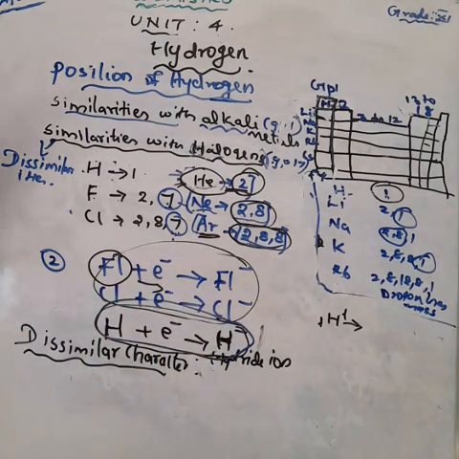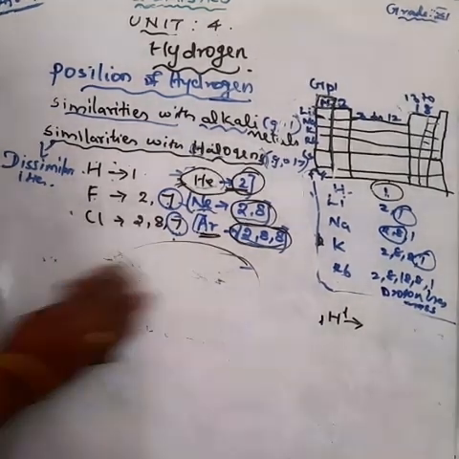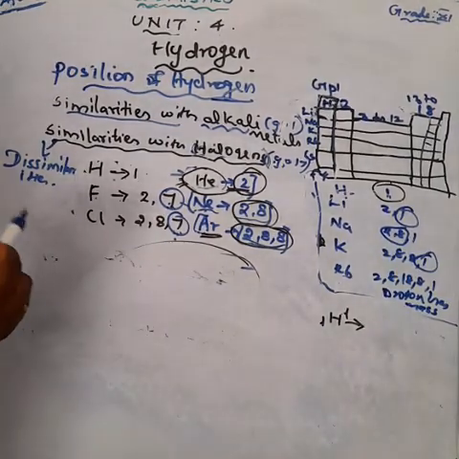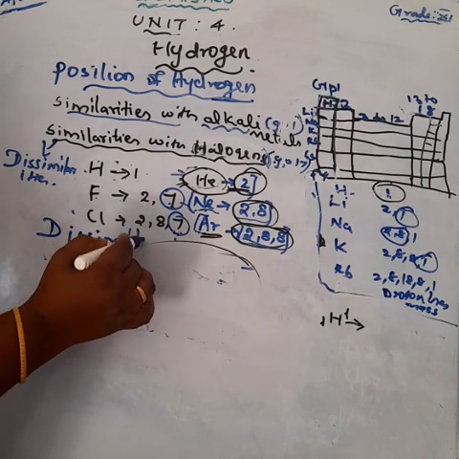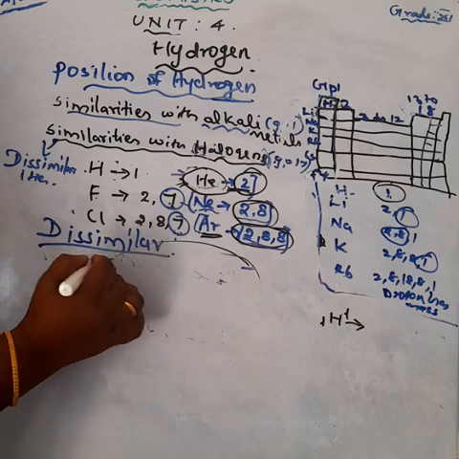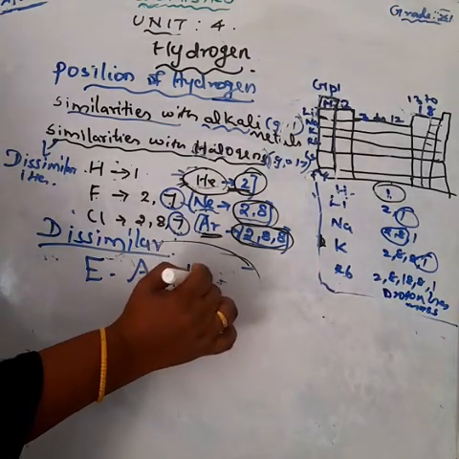But there is also a dissimilarity between hydrogen and the halogens. What is the dissimilar character? The electron affinity of hydrogen is much less than that of halogen atoms.